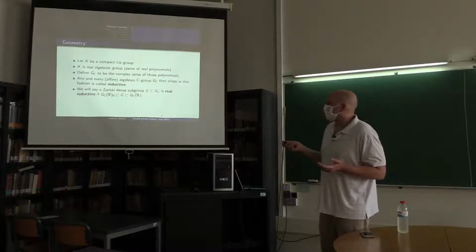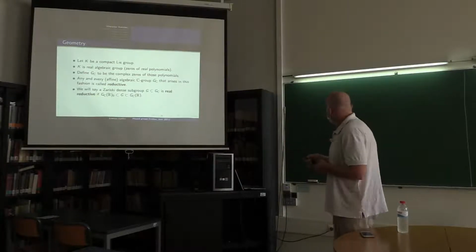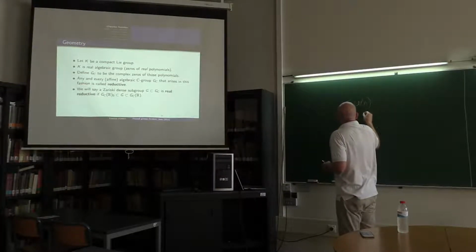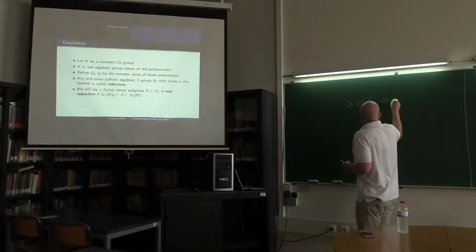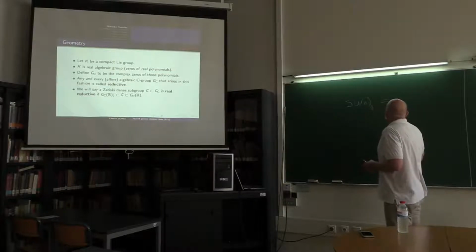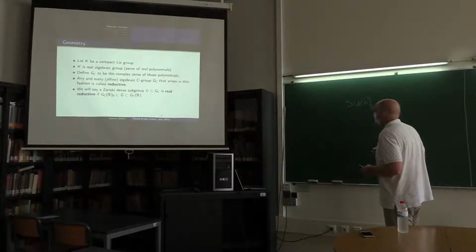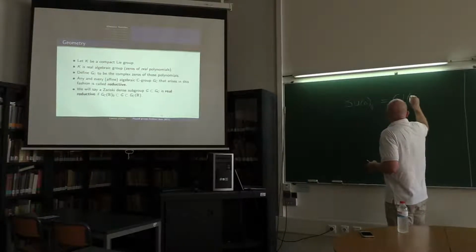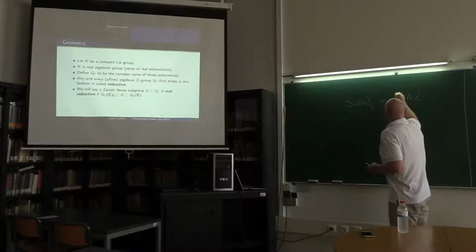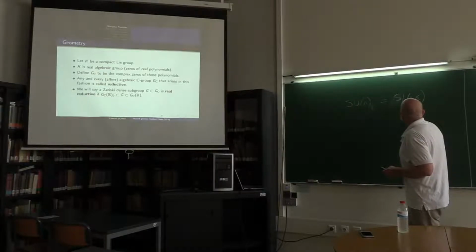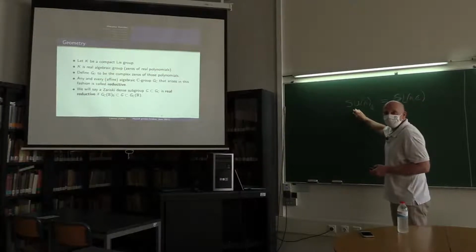A good example of that is the special unitary group SU(n). If you look at the complex zeros of a natural set of polynomials that cut SU(n) out of, say, n by n matrices, you get something isomorphic to SL(n, C). But this, of course, is the zero set of a collection of polynomials that started off defining the unitary group here.